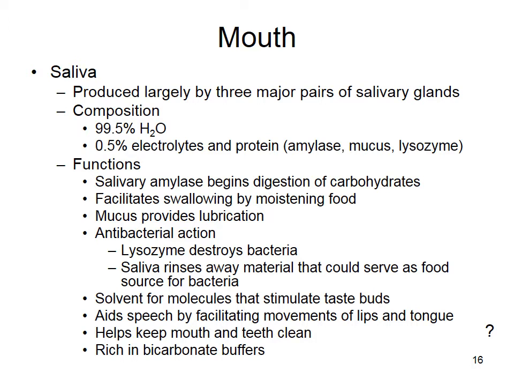You want to kill any bacteria, so lysozymes help do that. Saliva also helps rinse away material from your teeth so that you don't have tooth decay. People who have chronic dry mouth often have to rinse their mouth frequently with mouthwashes, because they are really susceptible to tooth decay.